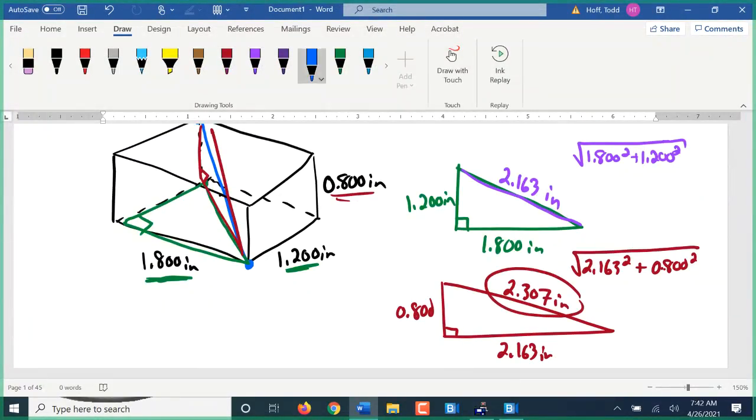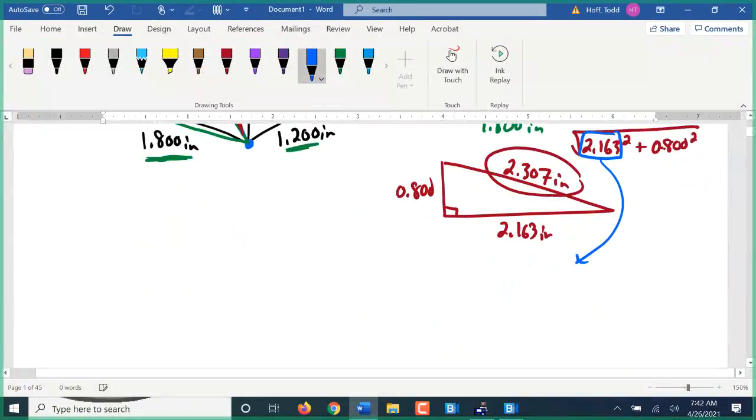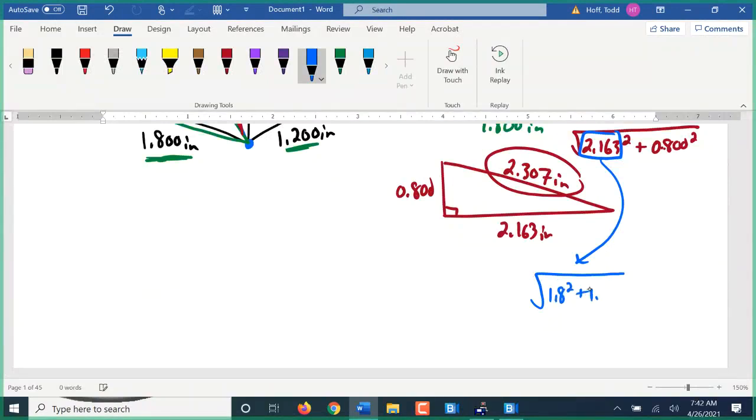Now here's the thing. That 2.163 in there that we squared, that was really the square root of 1.8 squared plus 1.2 squared. We squared that and did the 0.8.